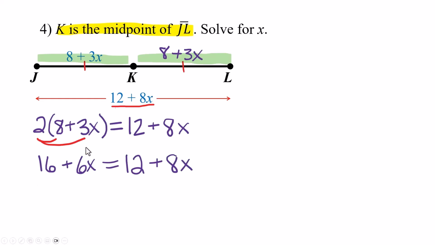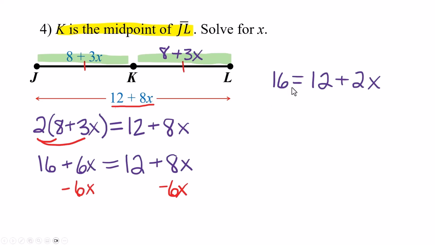We get 16 plus 6x. 2 times 8 is the 16. 2 times 3x is 6x. I didn't do anything on this side, so I just copied it down. Now, my preference when I have variables on both sides of an equation is to subtract the smaller one from the larger one. So this is going to cancel, so just the 16 is left on this side.